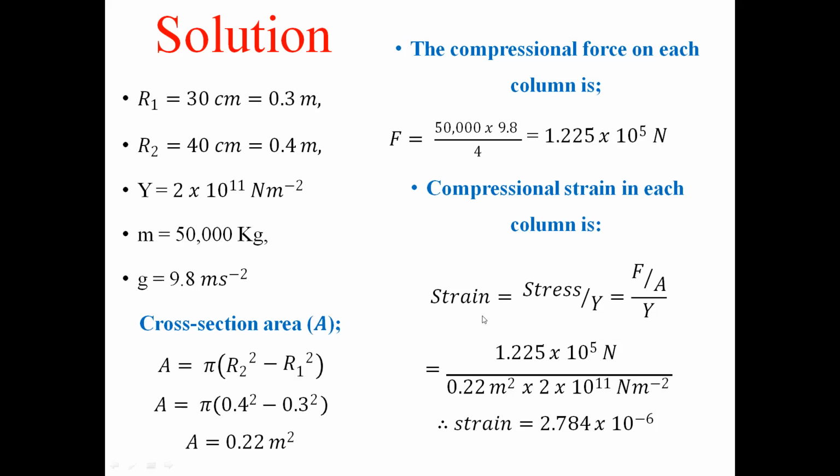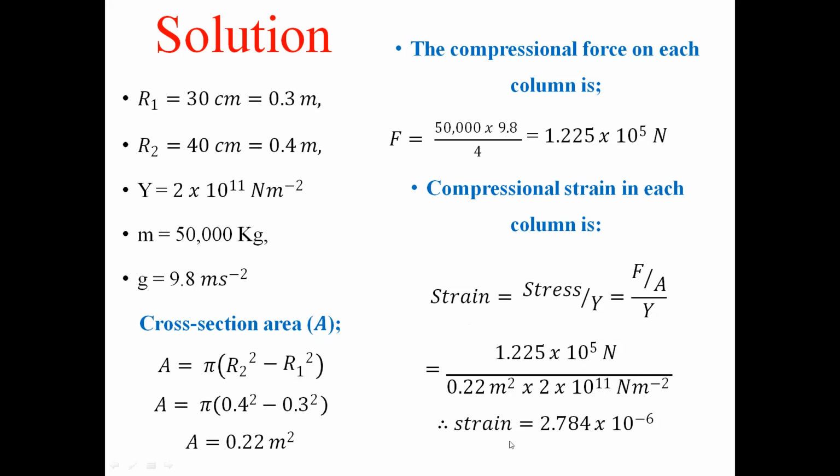Compressional strain in each column. Actual formula: Young's modulus Y equal to stress by strain. We want strain, that equals stress by Y. Stress equals force by area, that equals 1.225 into 10 power of 5 newtons, the force, divided by 0.22 meter square, into 2 into 10 power of 11 Newton per meter square.